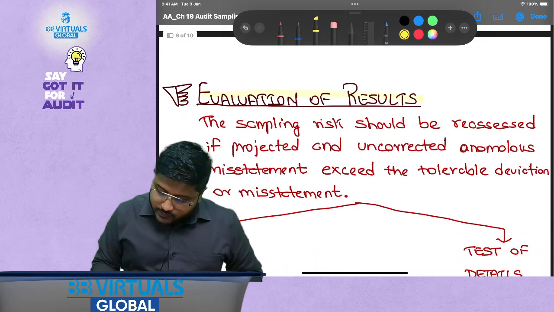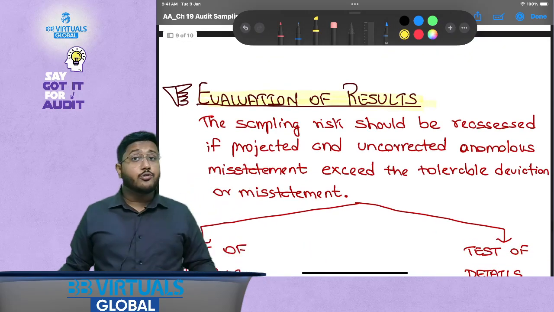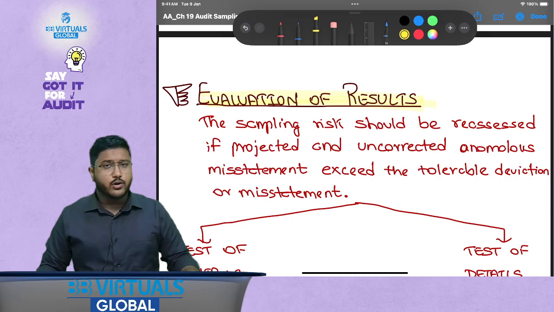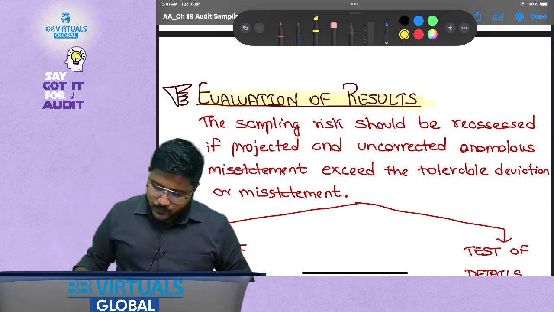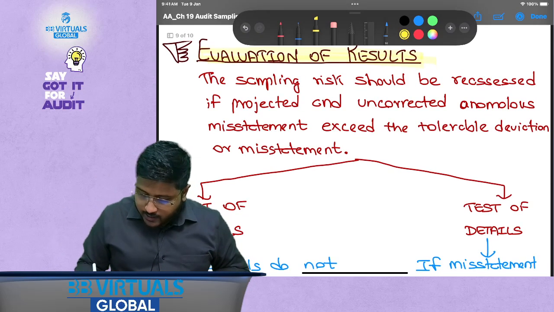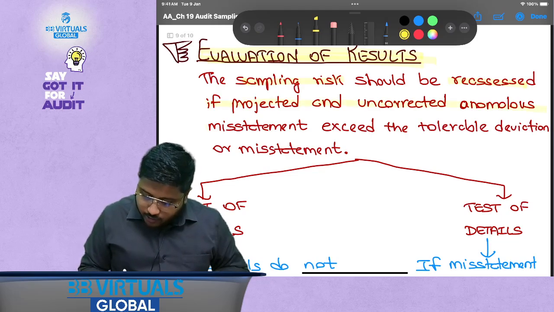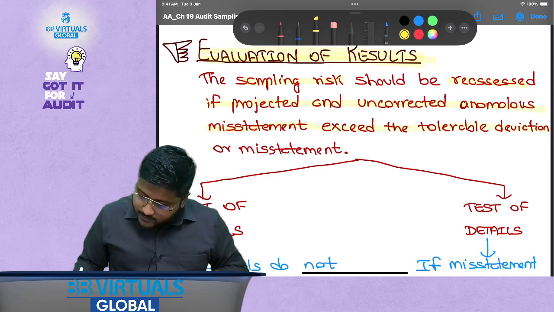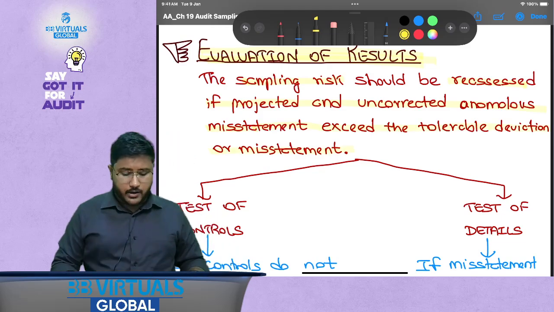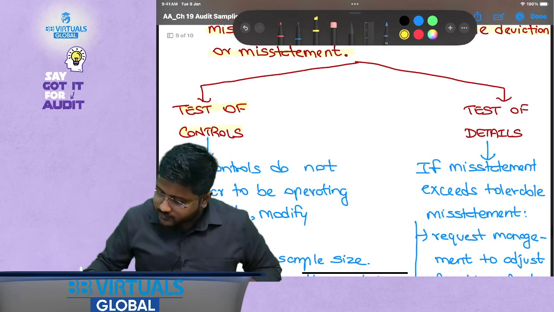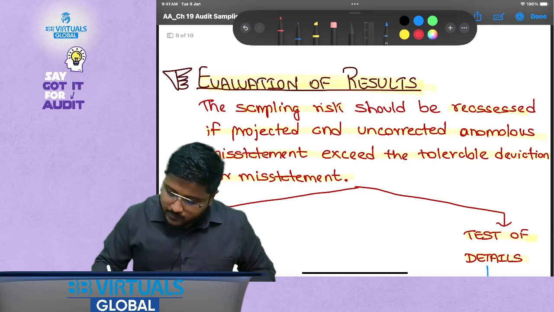Now, evaluation of results. How do you evaluate the result? That is very, very important for us to understand. So the sampling risk should be reassessed if projected and uncorrected anomalous misstatement exceed the tolerable deviation or misstatement. Now it could happen in case of test of controls, in case of test of details also. What is the meaning of this projected?